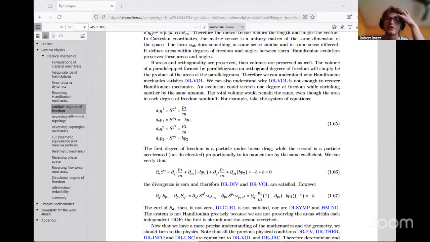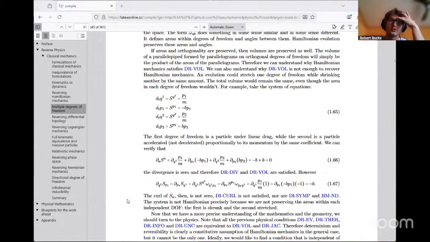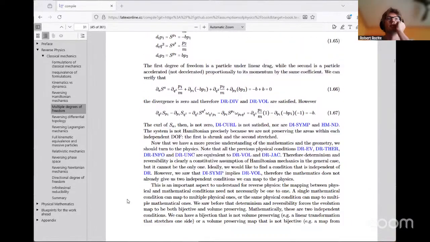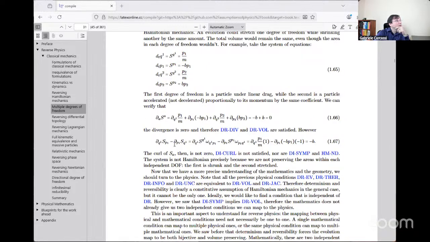However, the curl is not 0. Right, so we can double check. We just do the one between Q and P for the first degree of freedom. So you have ∂q1, which is p1 over m, and ∂p1, which is minus b p.